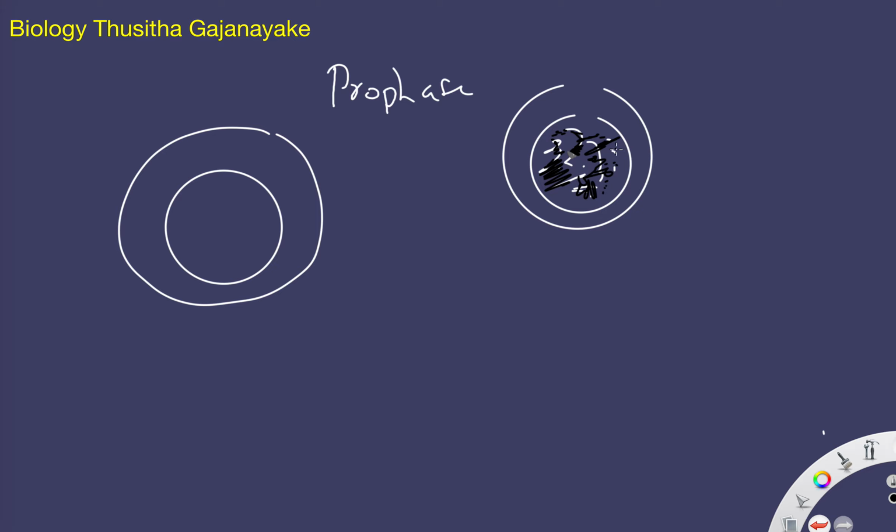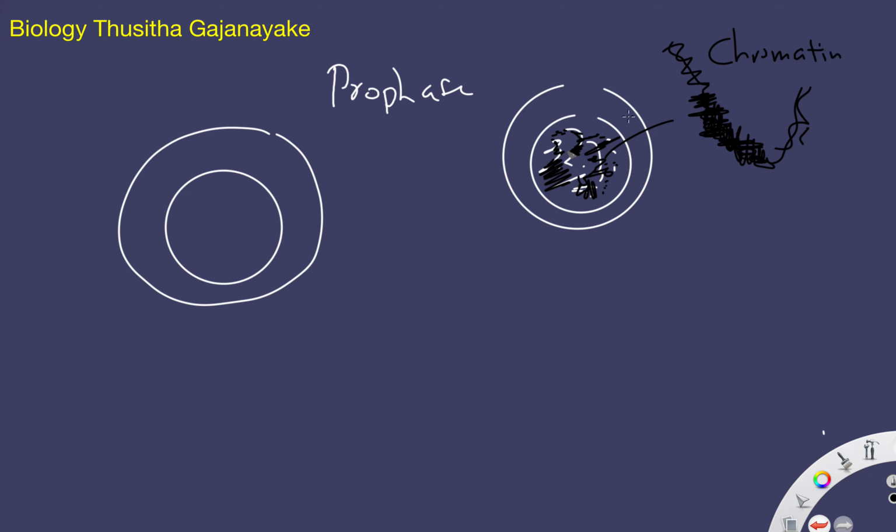How can I explain this? A DNA strand is like this, and in a certain area it's very tightly packed like this, and then the DNA strand continues again like this. DNA and proteins make this chromatin.